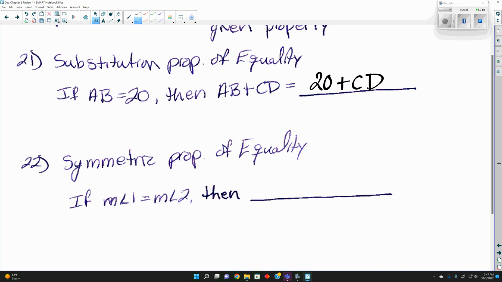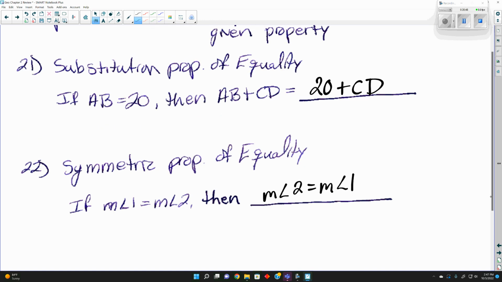Symmetric property: if the measure of angle 1 is equal to the measure of angle 2, then the measure of angle. Any other, because it is included in the review sheet. Questions on either one of these here?